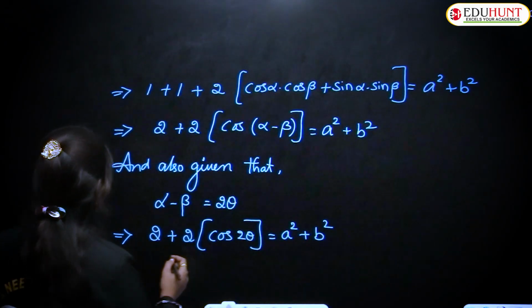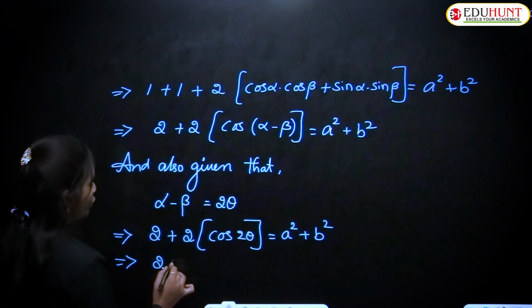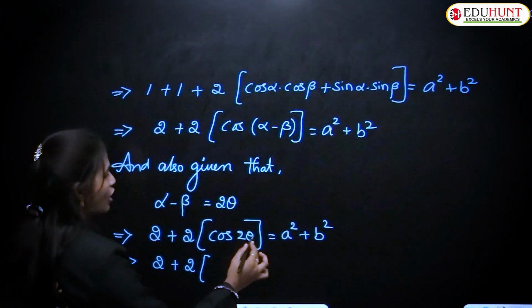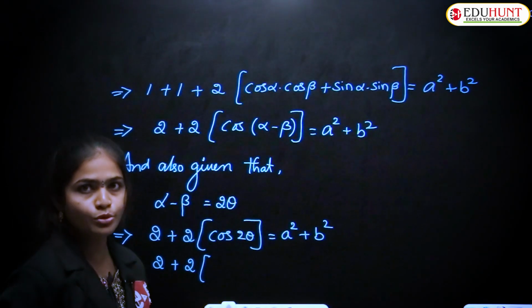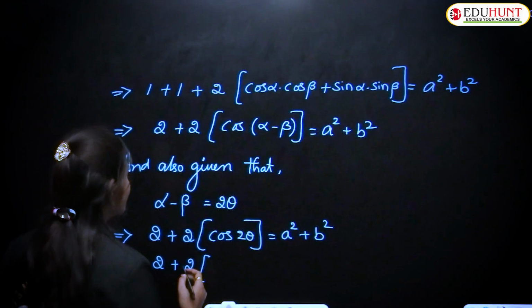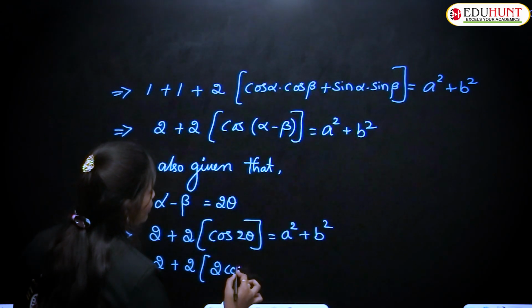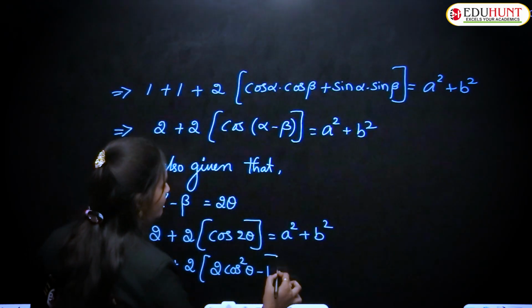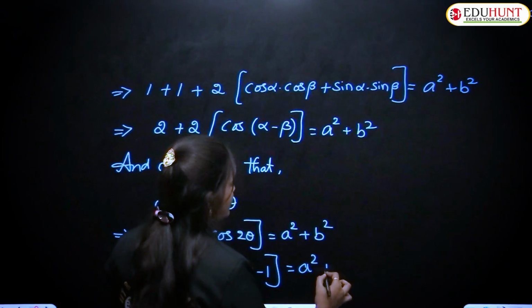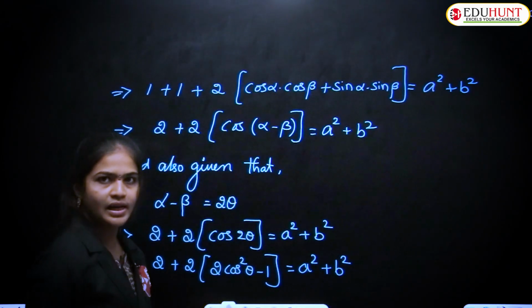Am I clear? So from this, 2 plus 2 into cos 2 theta. The cos 2 theta formula in terms of cos we can write as 2 cos square theta minus 1, which is equal to A square plus B square. Understand?